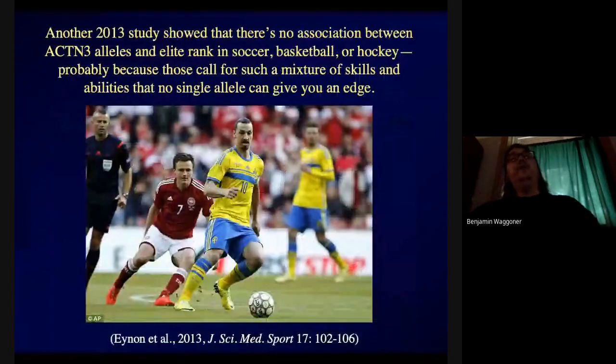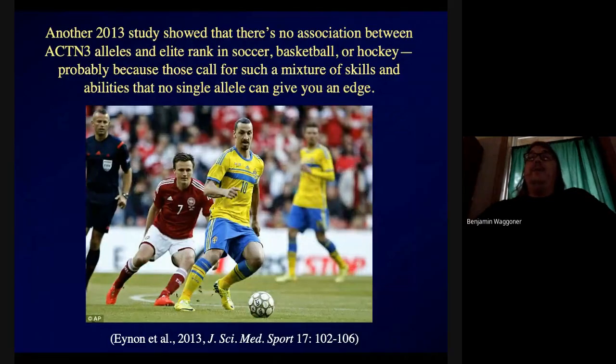And there's also no association between those alleles and being an elite player of soccer, basketball, or hockey, probably because those call for such a mixture of skills and abilities that there's no single allele that gives you an edge. Right? Soccer players have to sometimes make fast breaks and run quickly. They've also got to endure long games.